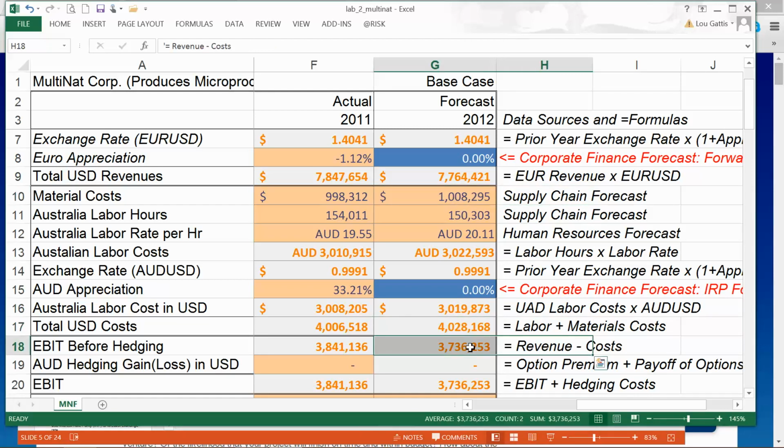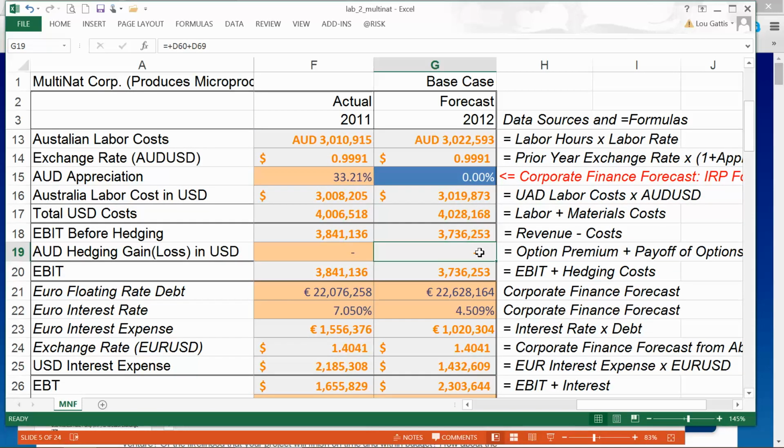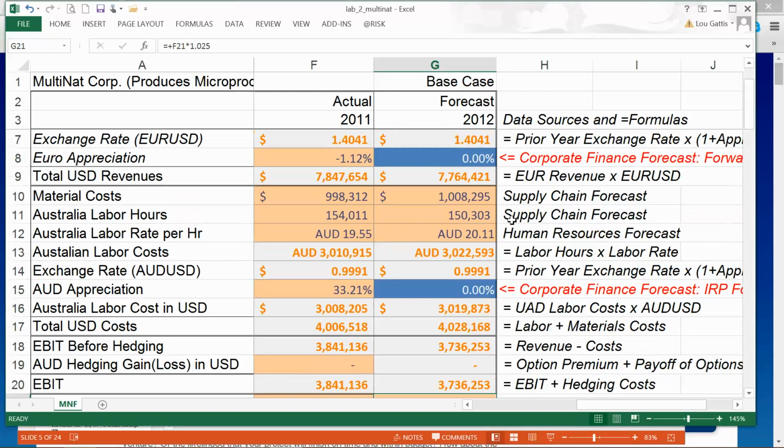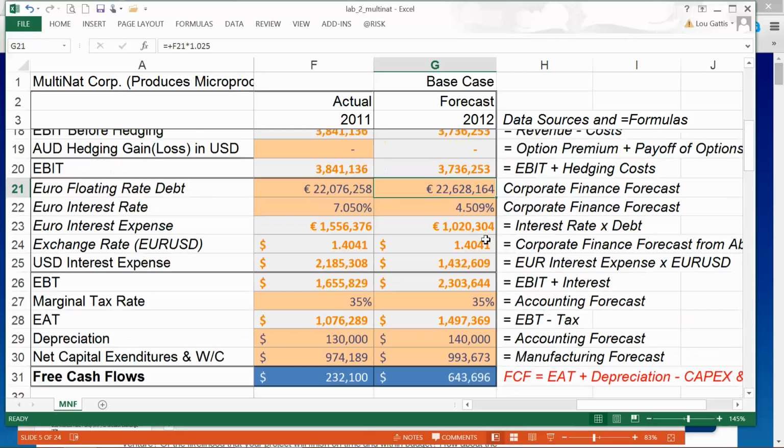Your EBIT, earnings before interest and tax, before hedging, would be your expenses and your revenue from above. We have hedging gains or losses, which will be explained later. Then you have EBIT. For your floating rate debt, you have 22 million in euro-denominated debt outstanding. The reason you did that is you wanted to finance this operation with euro debt to offset some of the euro revenues.